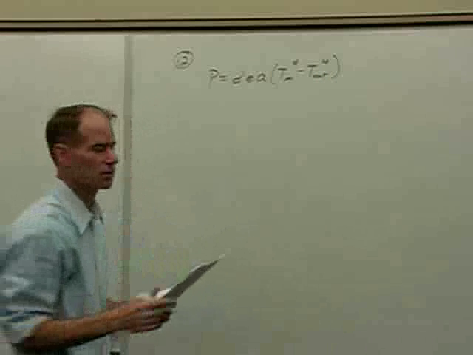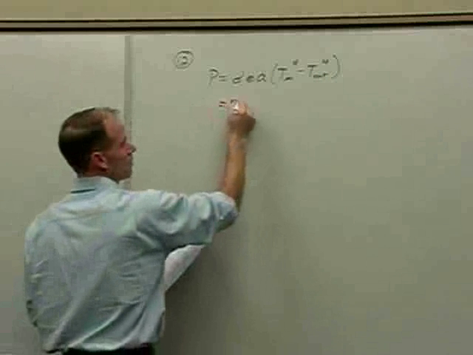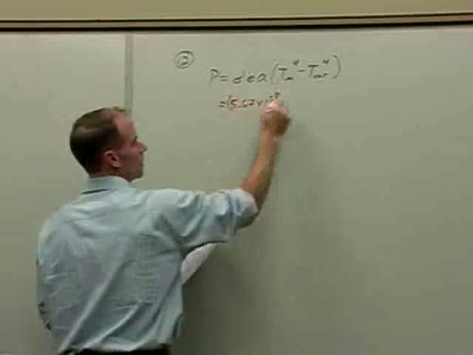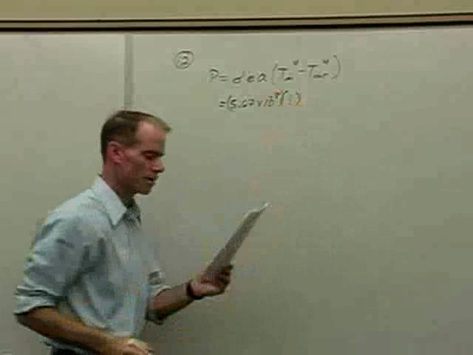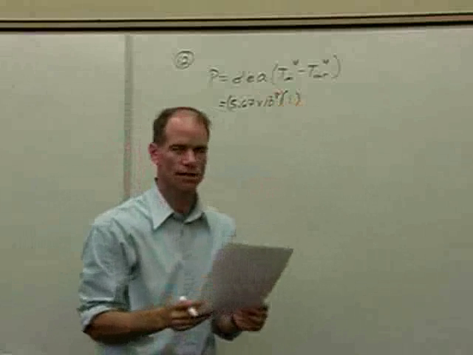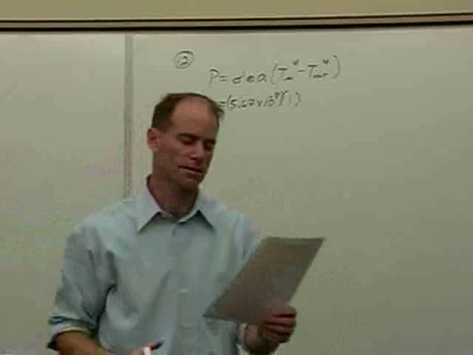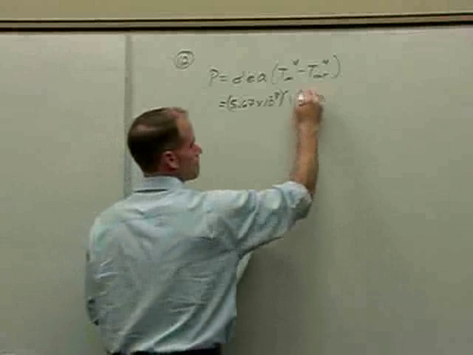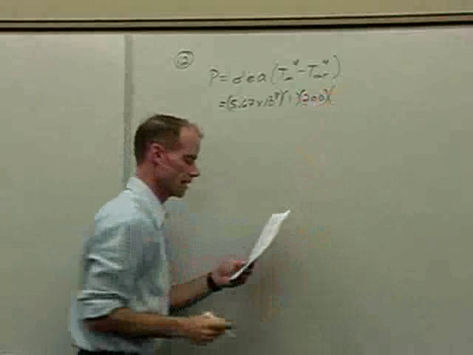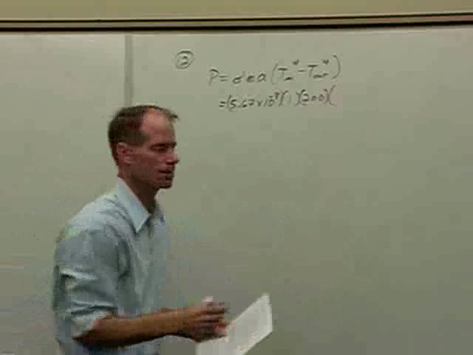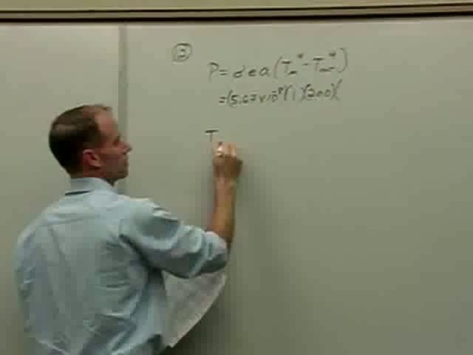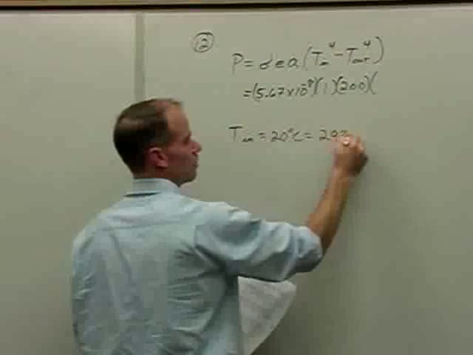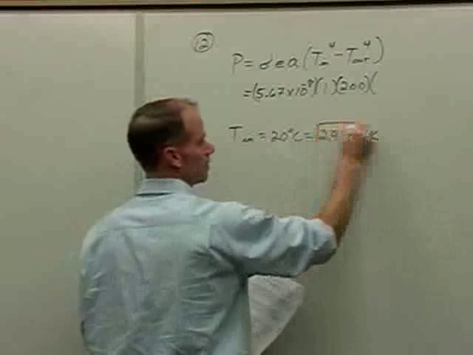And if we put in our values for this problem, this would be the Stefan-Boltzmann constant, 5.67 times 10 minus 8. We're assuming the emissivity of the house is 1, and we're told that the area of the house is 200 square meters. The inside temperature is 20 degrees Celsius, which would be equal to 293.15 Kelvin.